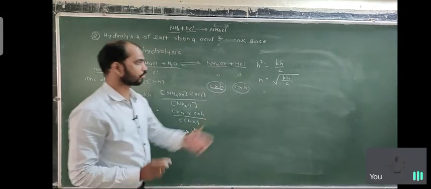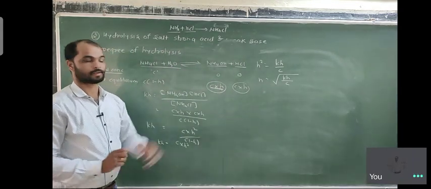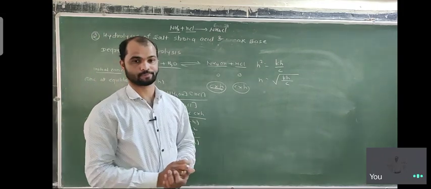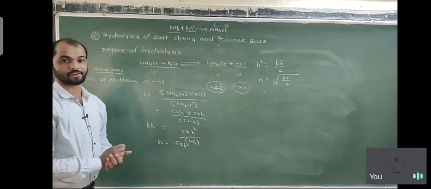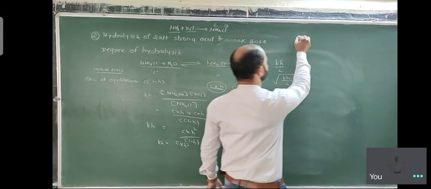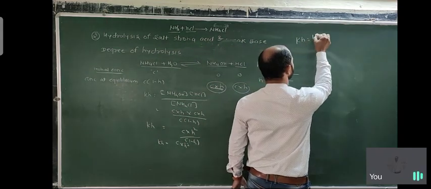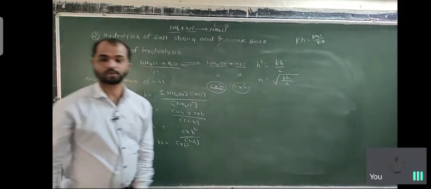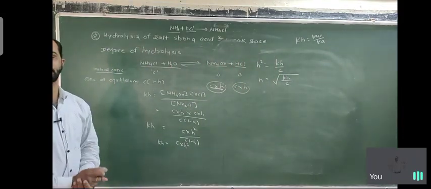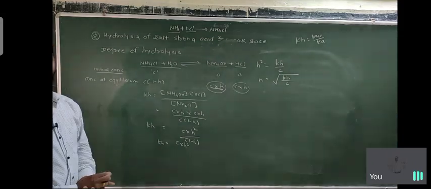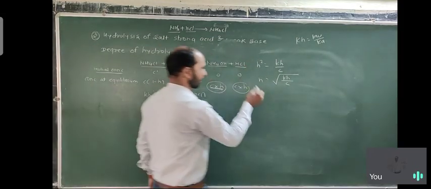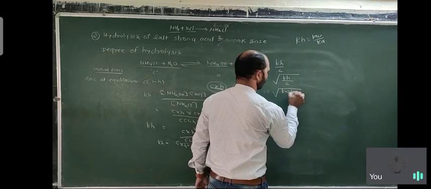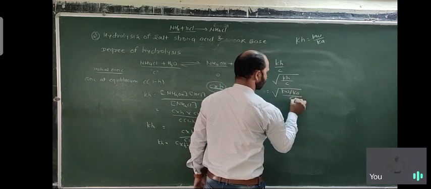But earlier we already found the value of KH. KH is equal to KW upon KA. So we put this value here: under root KW upon KA upon C.